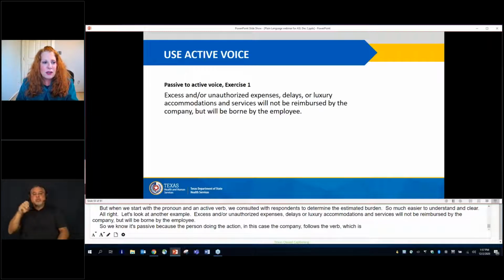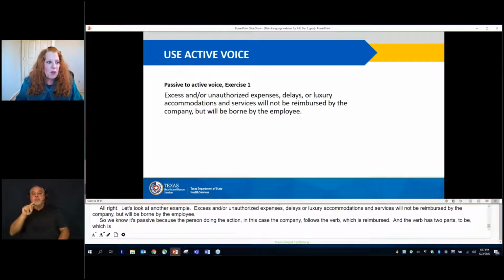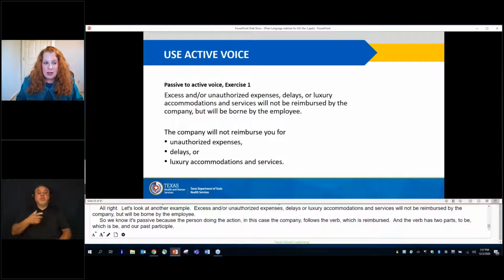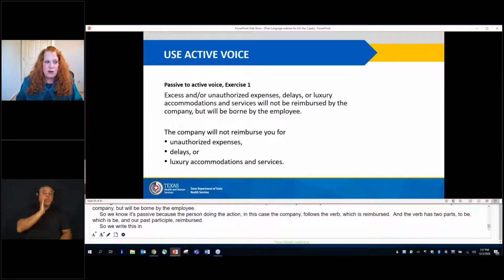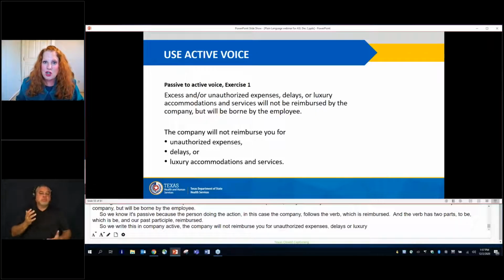And the verb has two parts, to be, which is be, and our past participle, reimbursed. So when we write this in active voice: the company will not reimburse you for unauthorized expenses, delays, or luxury accommodations or services. Very clear, it's direct, fewer words, to the point, and easier to understand.